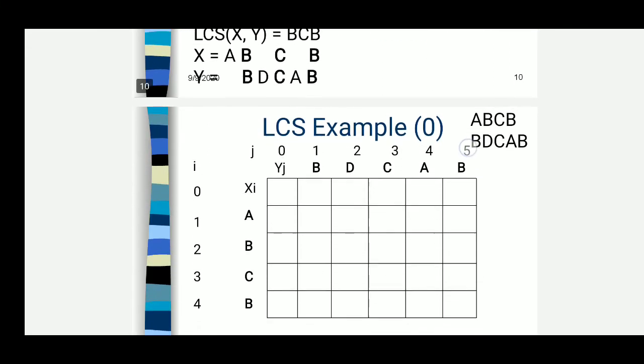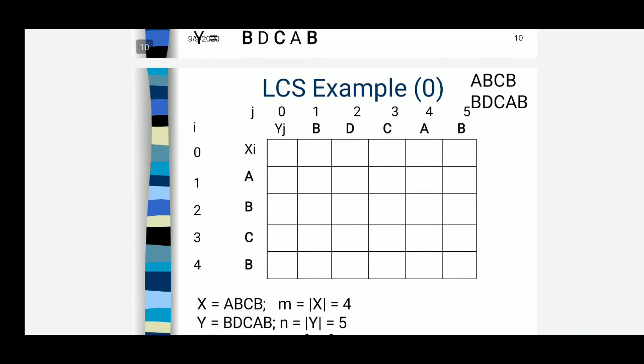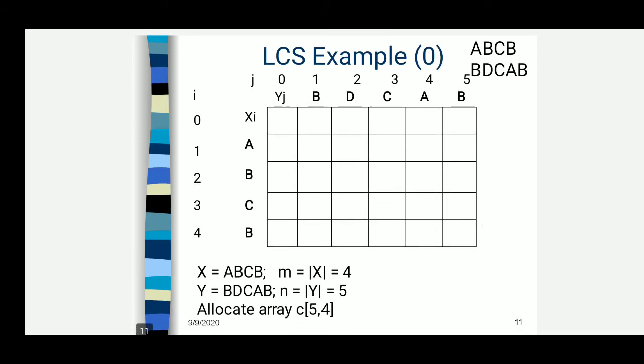First, we will define a cost matrix for the LCS, in which each cell of the matrix will give you the current maximum cost of LCS. And what does cost of LCS mean? The longest common subsequence length.